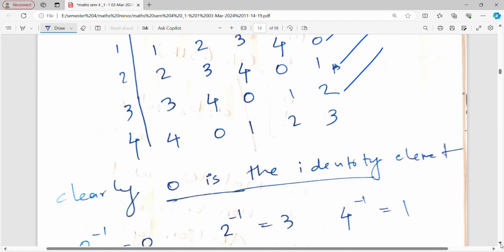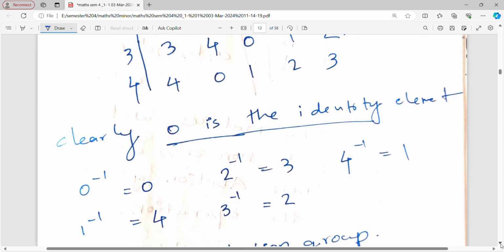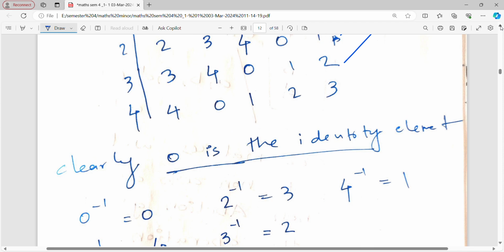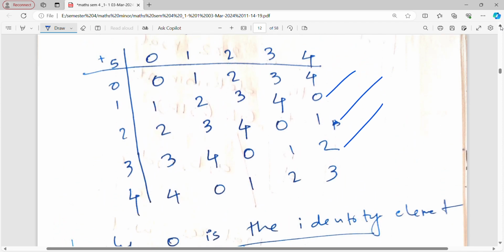So from this we get 0 is the identity element. And the inverses also. I taught you how to find the inverse in the last class, or in this class itself, I guess. Okay, sorry, bad memory. And let's check. The identity is 0. So where will be the inverse? We know for a number a, a into a inverse must give the identity e.